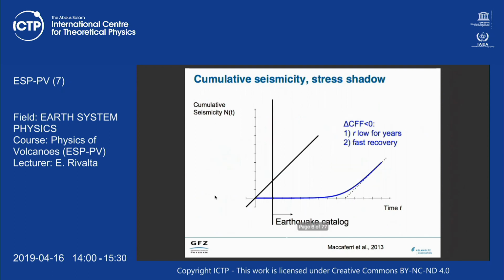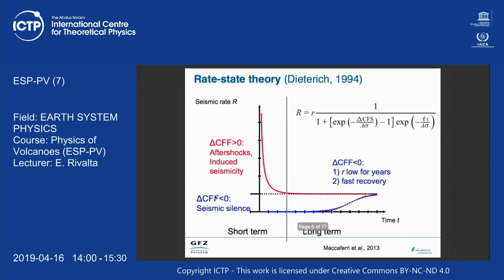What we did in this particular case, what you can do, so this is the seismicity rate, but you can also go to the integral, which is cumulative seismicity. Why would you want to go to cumulative seismicity rather than seismicity rate? Because always when you have a derivative, it's very oscillating, and when you have an integral, you basically compensate.